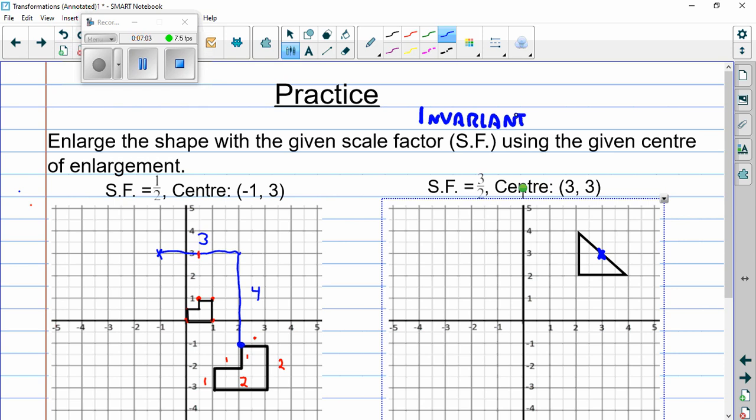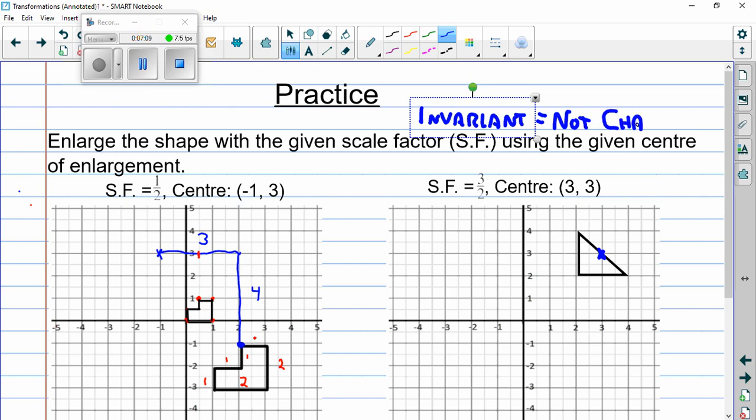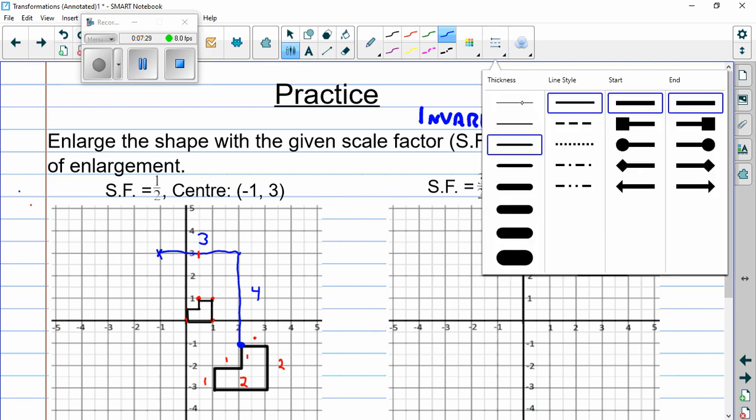So it's invariant when it's not changed. Which, if you think about it, from invariant we get variant, which means change, right? Something varies, if we have a variance in something, it means change. So invariant is not changed. Anyways, little English lesson.